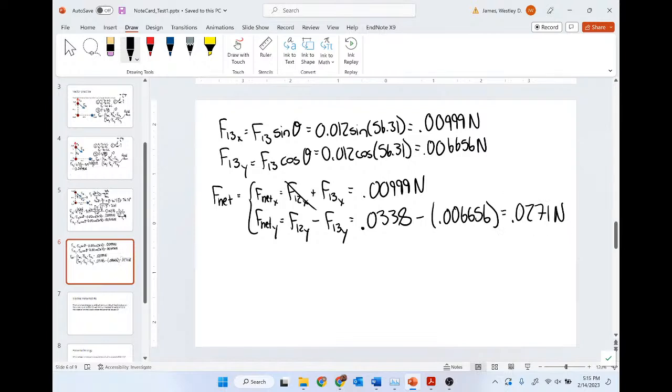We're not quite done. We're so close. I need to get Fnet. How do I get Fnet? Square root of Fx squared plus Fy squared. To get the net, I got to square these things and add them together. So 0.00999 squared plus 0.0271 squared equals a number.